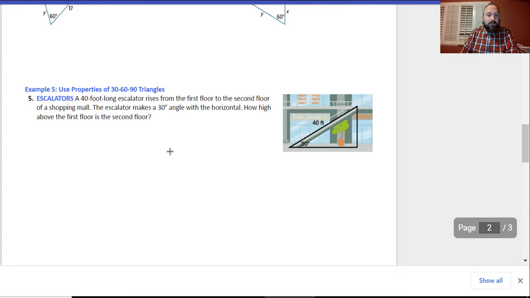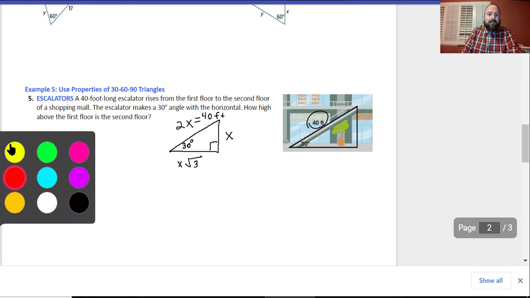What we should do is draw it out. I know across from the 30 is x. This is going to be x times radical 3, and then this is 2x. So I know that it's 40 right here, so that's equal to 40 feet.